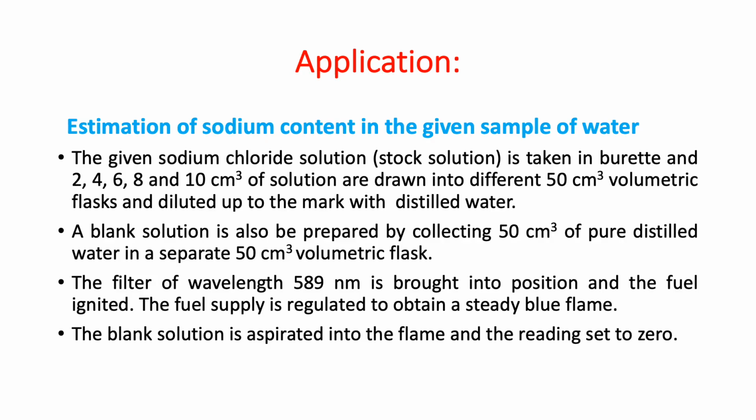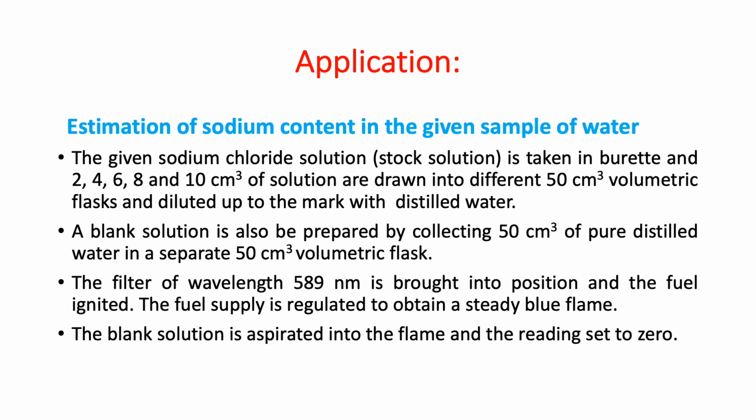Applications: for example, we can use flame photometry to determine the concentration of alkali metals, especially alkali metals. You take solutions in the form of their salts, like magnesium chloride, potassium chloride, sodium chloride, and we can know the concentrations of these metal ions from their unknown solutions.